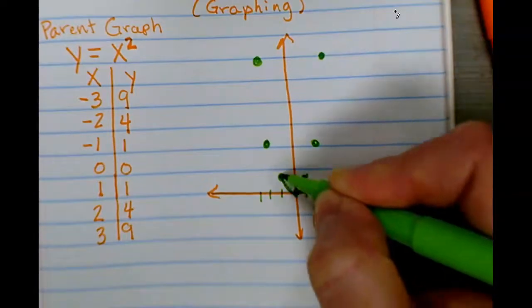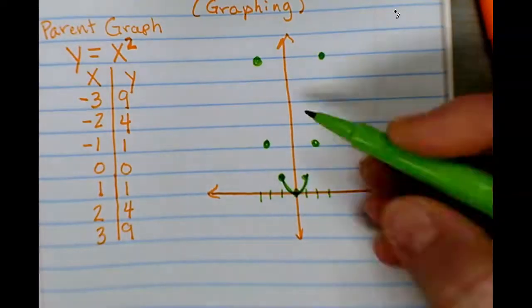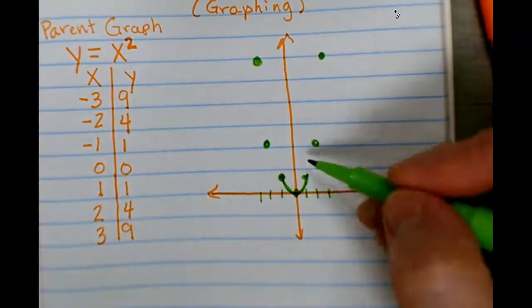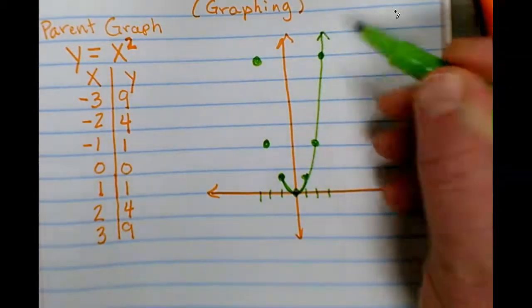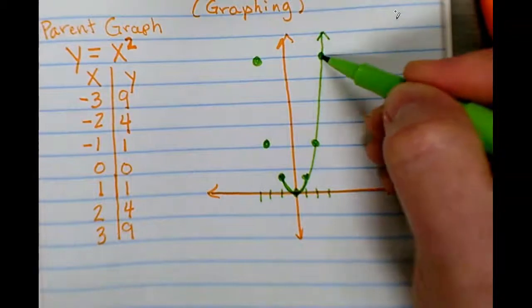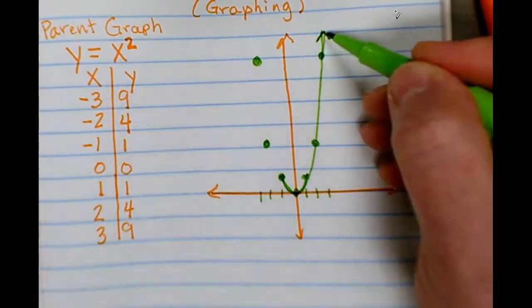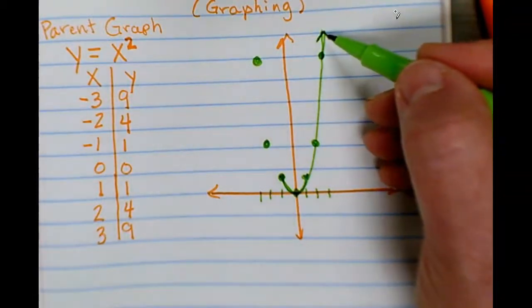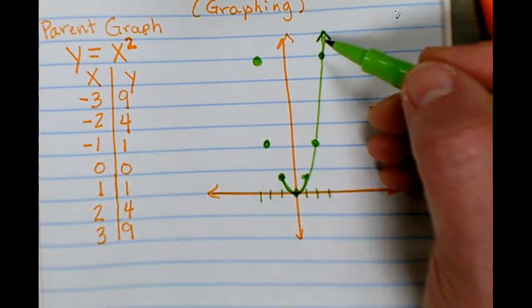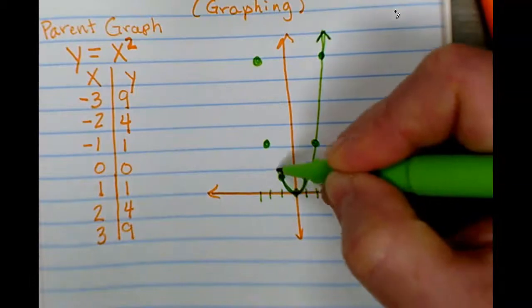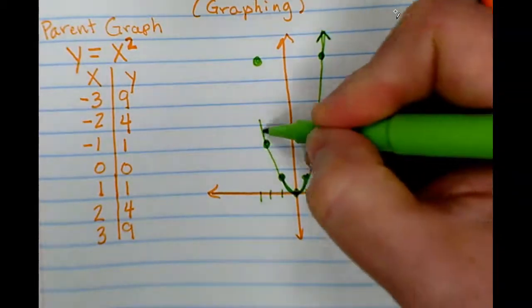This curves down here at the bottom. It's not pointy like an absolute value graph. How far up is this graph going to keep going? I put an arrow on the end. What does that mean? It's going to keep going up and up and up and up.